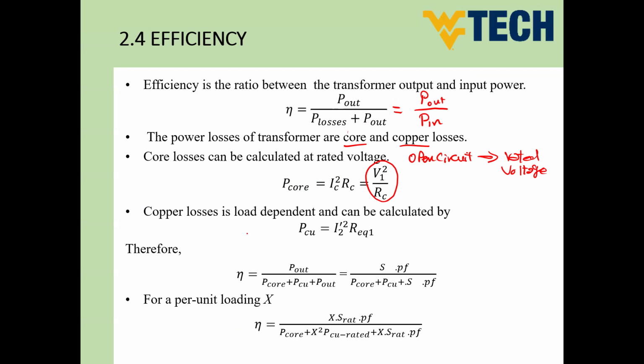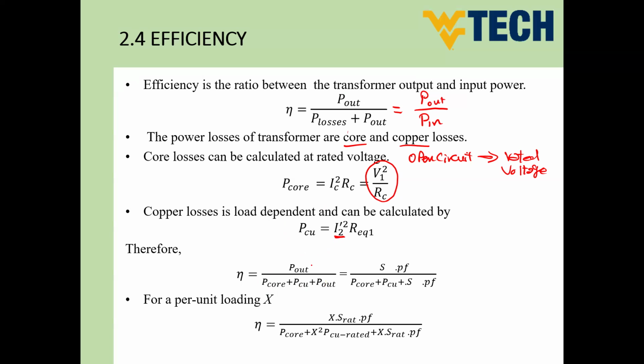Also, for the copper loss, so copper loss is load dependent because copper loss is nothing but I square R on the resistance of our transformer. So I square is the I2 prime square, which is the load current. So it depends now on our load. So we can say now the efficiency is P out divide P core plus P copper plus P out.